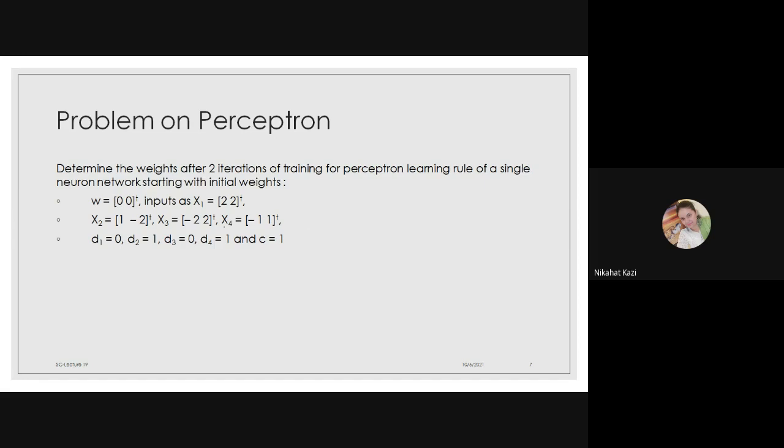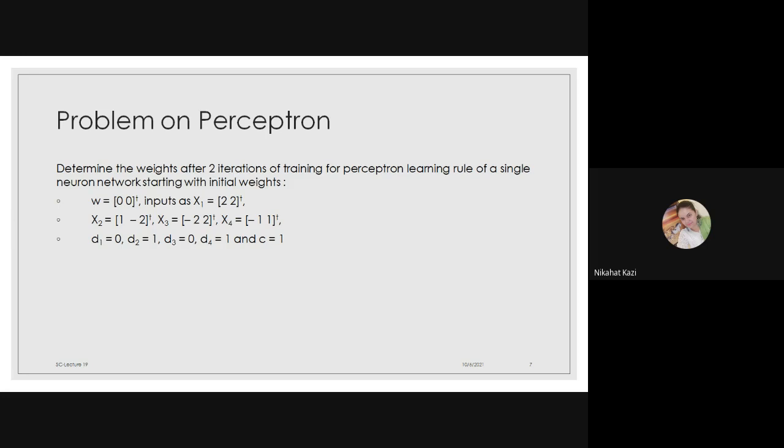In fact, in both the problems that we solved yesterday, you'll notice that the last input was a -1. That was a bias term. So that is why I did not bother telling you to introduce the bias there. But whenever you have such patterns, you always have to add that input.